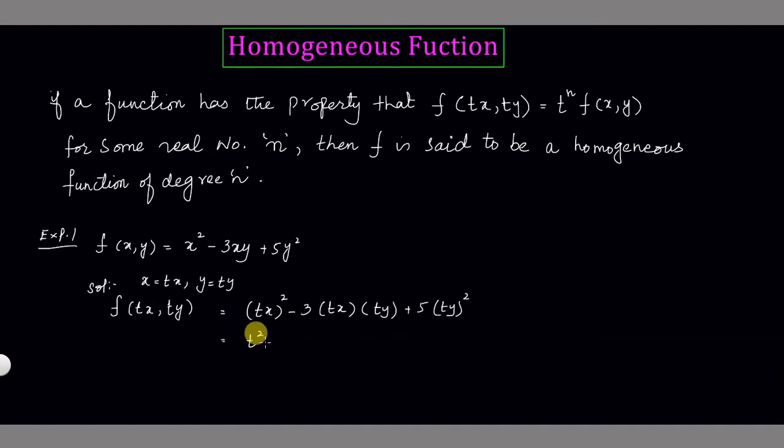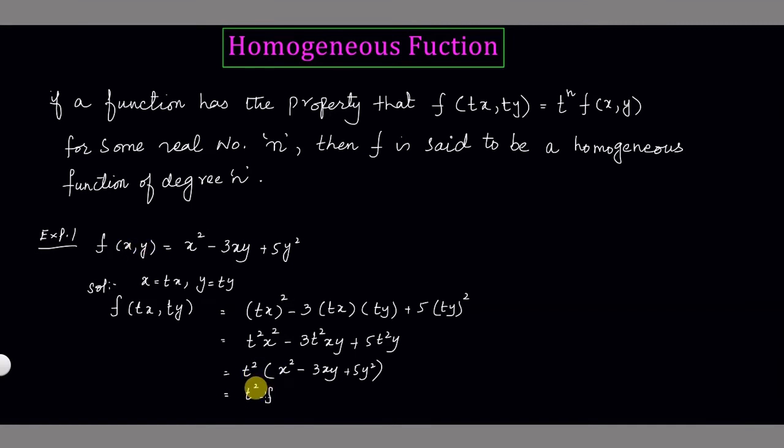So t square x square minus 3 t square xy plus 5 t square y square. If you take t square common, we get x square minus 3xy plus 5y square, and this is equal to the original function f of xy.